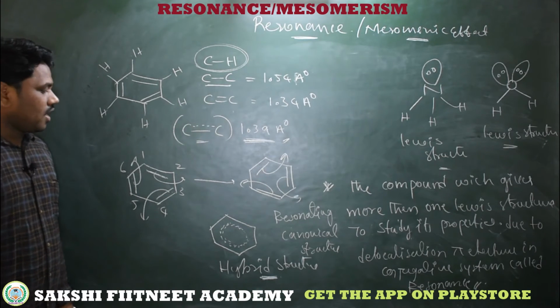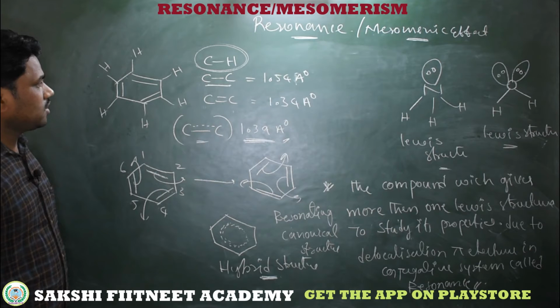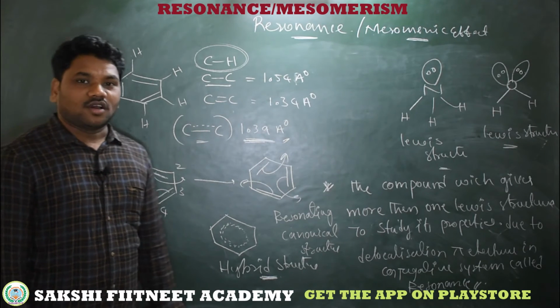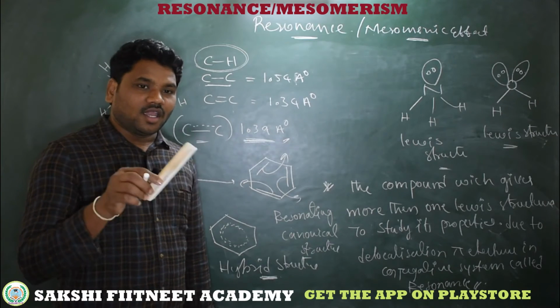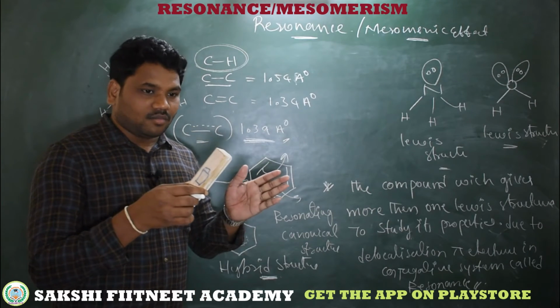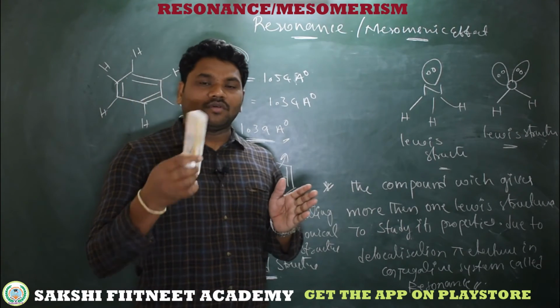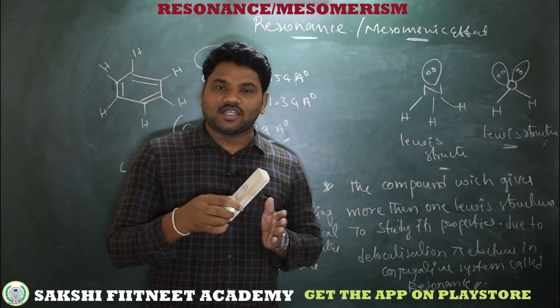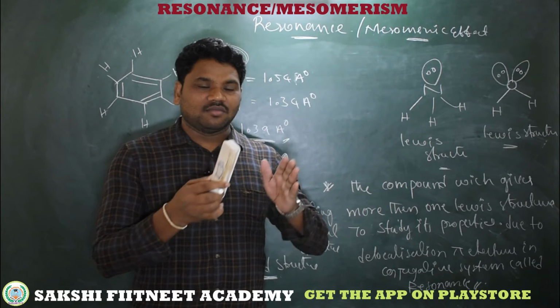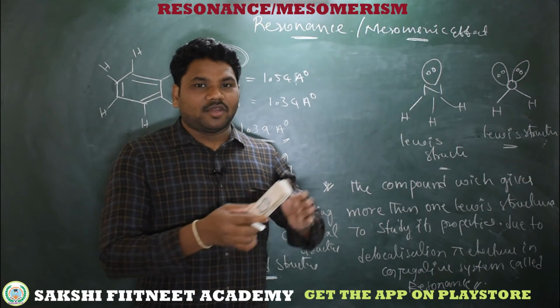So I hope you understand well what resonance is. Simple. If the compound is a conjugative compound, then the pi electrons shift in a way that is based on a donating group, withdrawing group, positive charge, negative charge, radical. If there is no positive, no negative, they simply shift towards the right and come back.